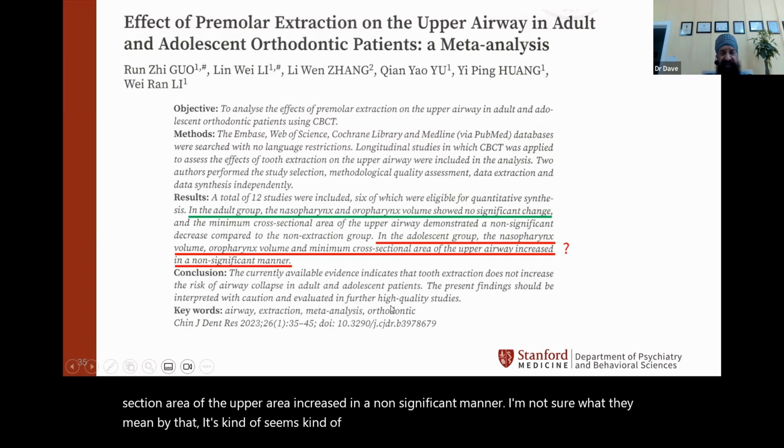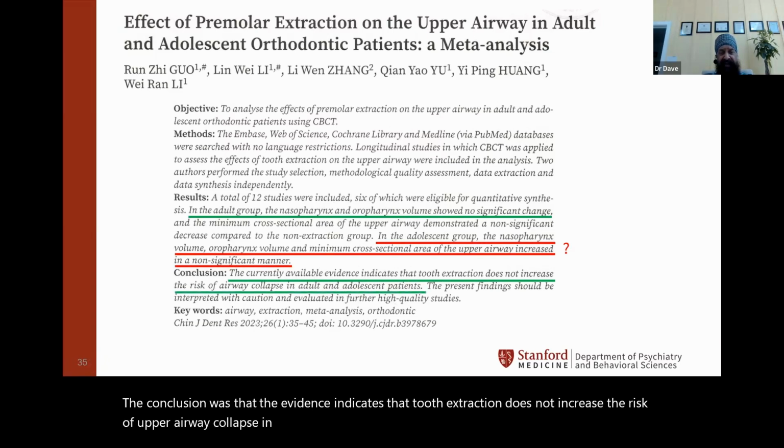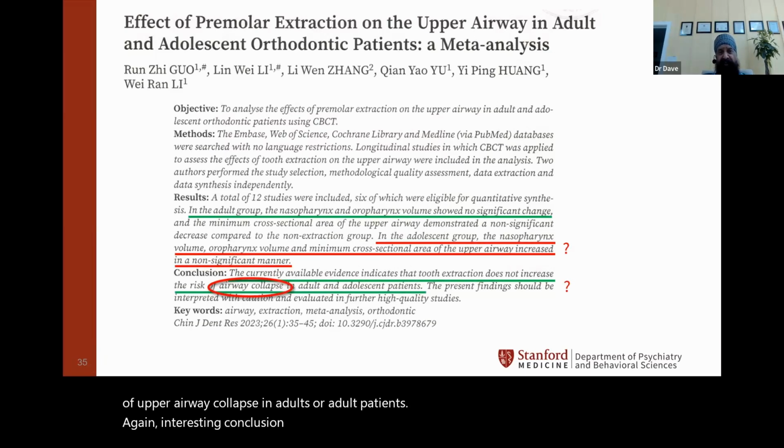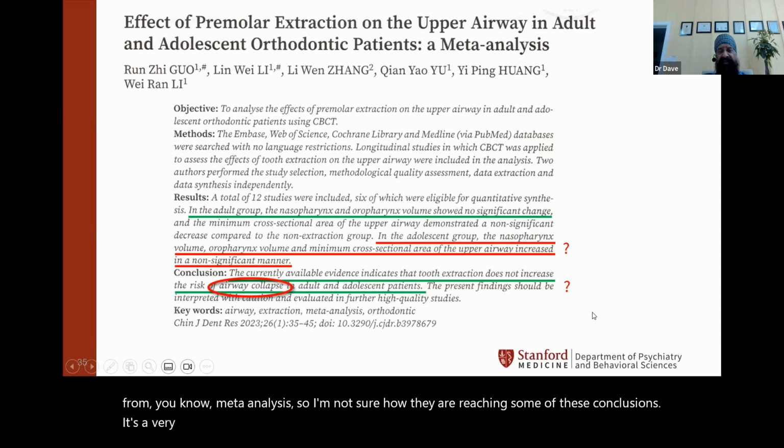The conclusion was that the evidence indicates that tooth extraction does not increase the risk of upper airway collapse in adult patients. Again, interesting conclusion. I'm not sure how they measured airway collapse. This was taken from a meta-analysis, so I'm not sure how they are reaching some of these conclusions. It's a very interesting observation. I think it requires further investigation.